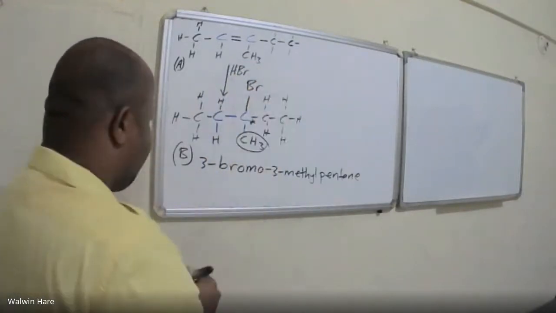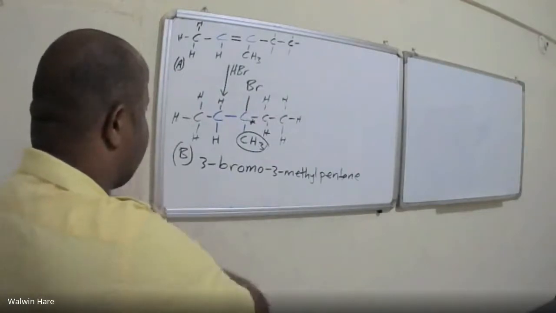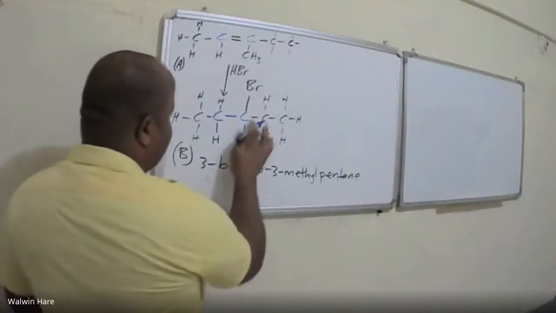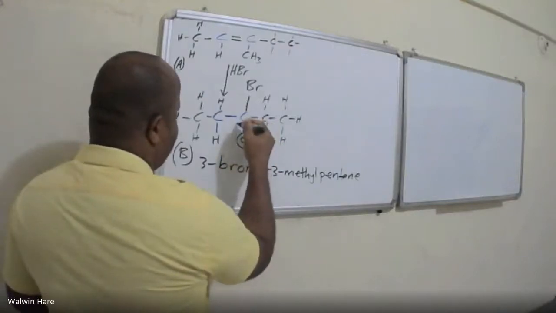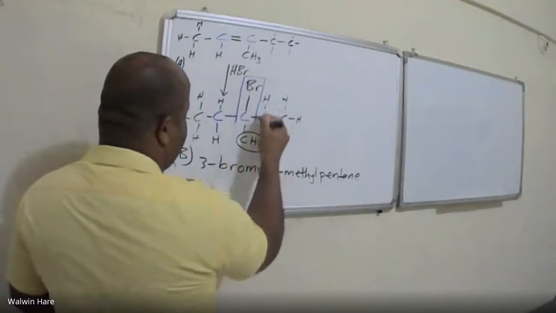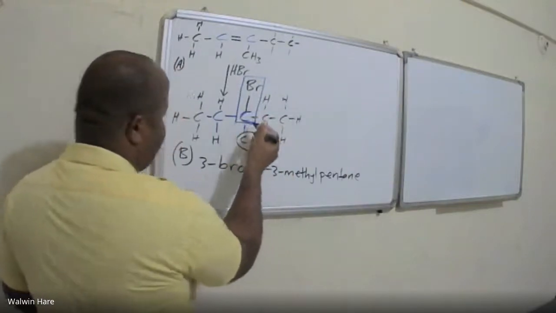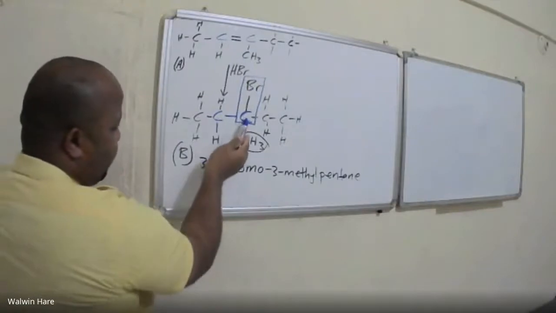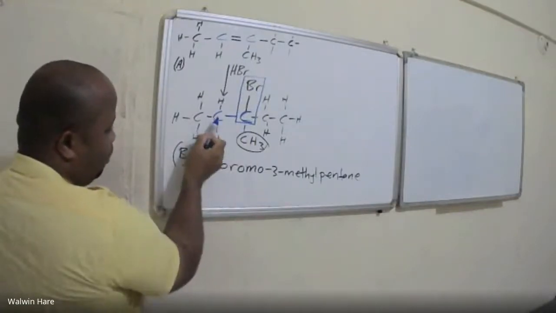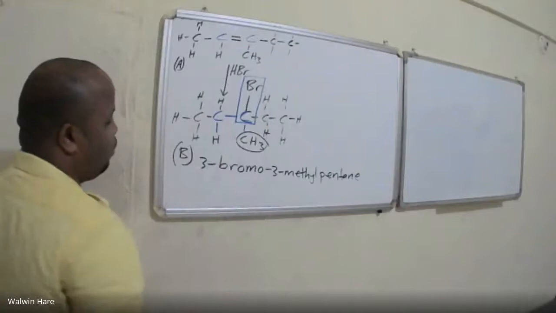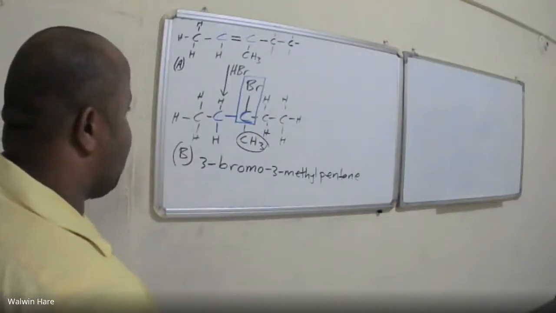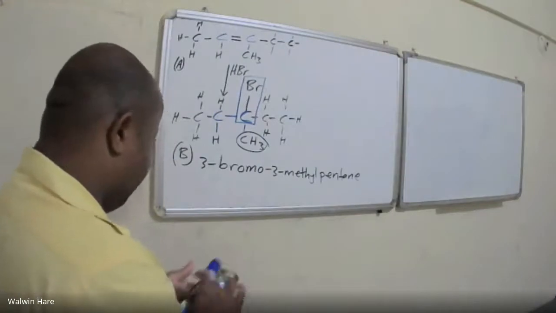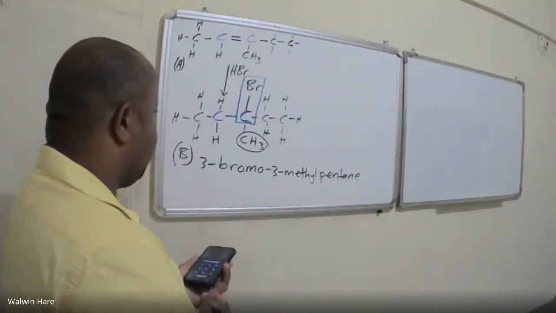So if you want to know what type of haloalkane you have, and therefore what kind of carbocation will be formed, you highlight the carbon to halogen bond. This is the carbon with the halogen on it, and directly attached to it are 1, 2, 3 carbon atoms. It is tertiary, and so it will do SN1.